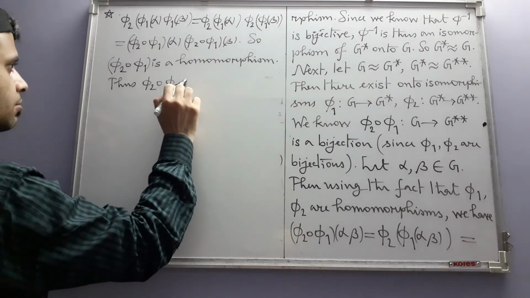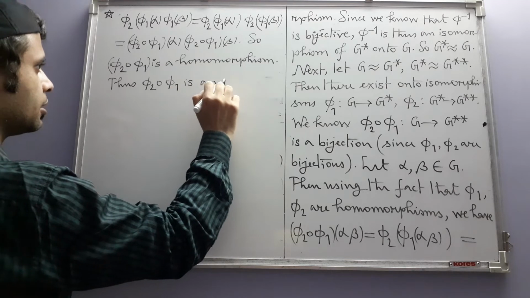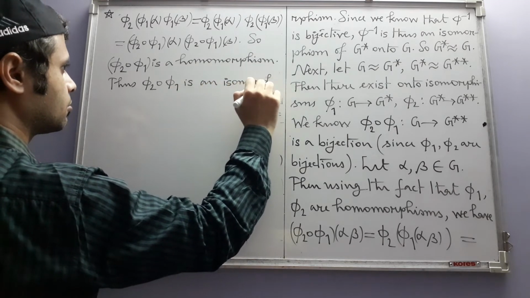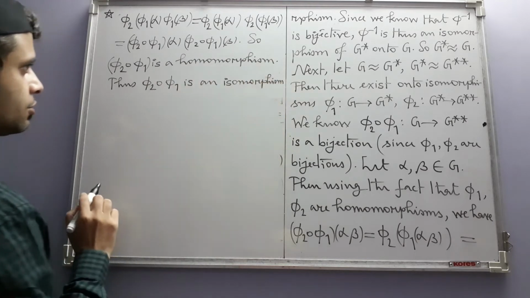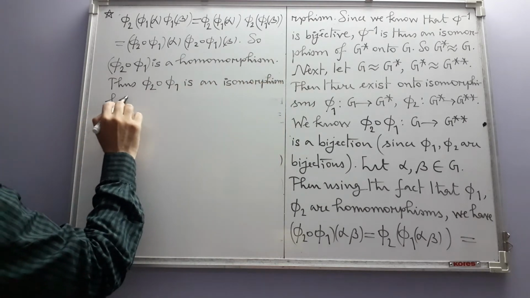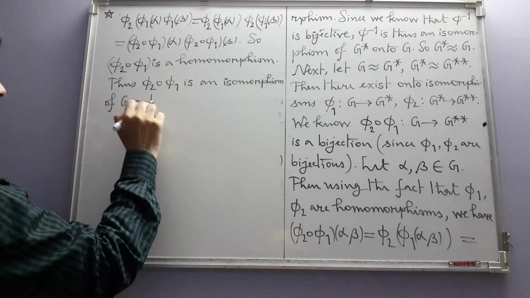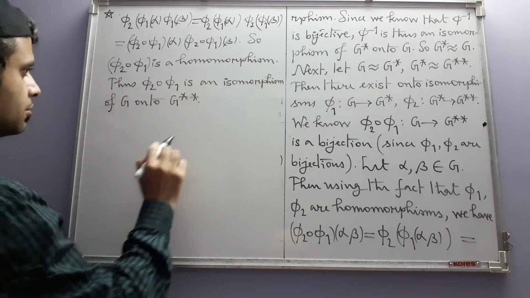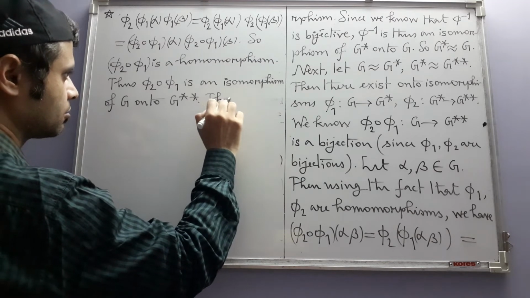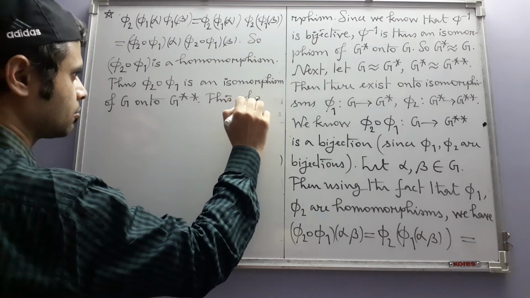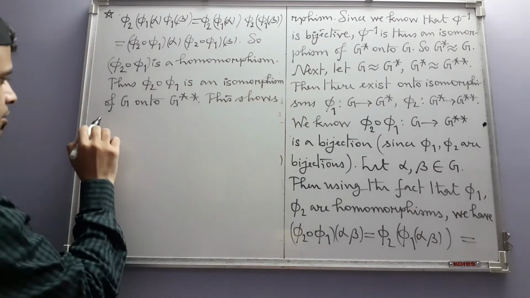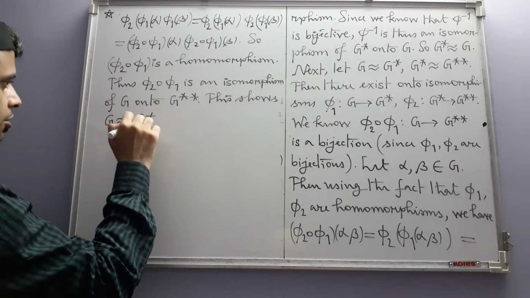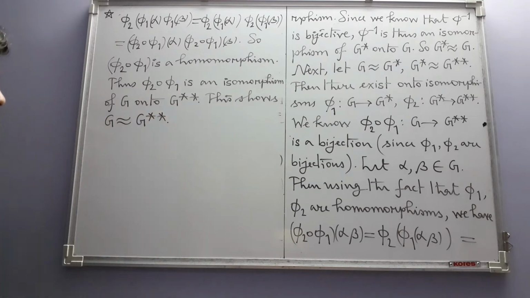Composition phi 1 is an isomorphism of G onto G double star. This shows G is isomorphic to G double star.